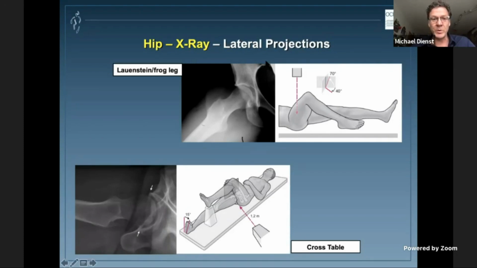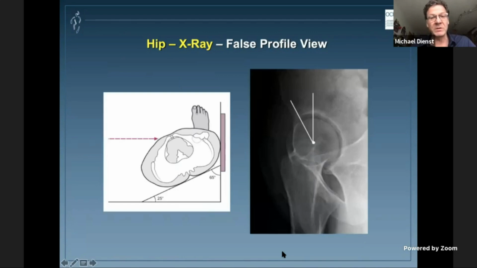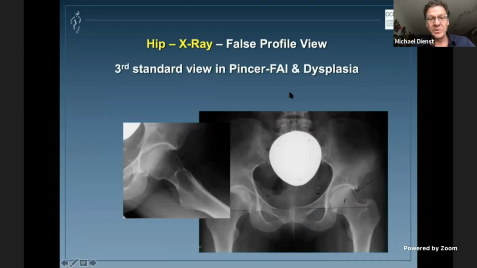I think everybody has a preference here. We, for example, prefer the Lauenstein view. I think in Switzerland and many English-speaking countries, the Cross-table view is preferred. False profile view: the false profile view, in our opinion, is very important in pincer FAI.